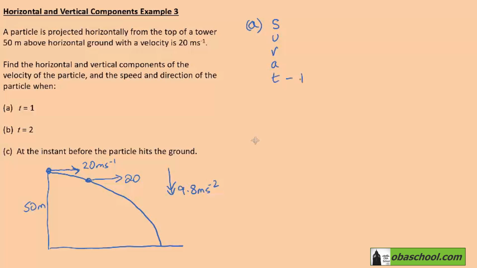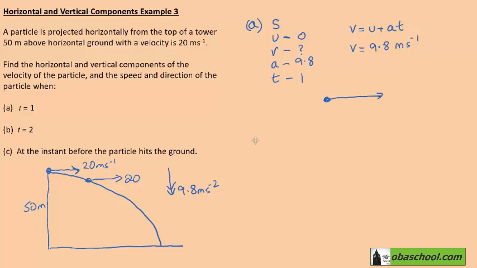We know that t is 1, a is 9.8, the vertical speed initially is 0, and what we want is v. So that's going to be v equals u plus at. So v is going to be 9.8 meters per second.